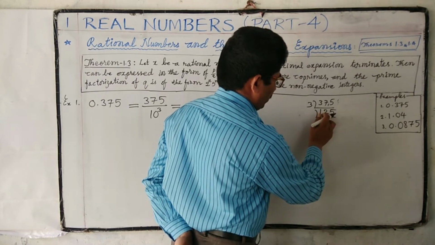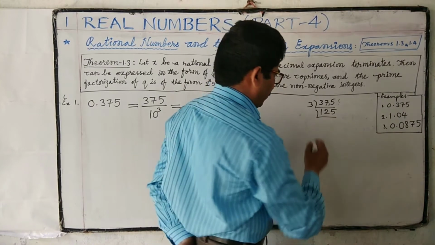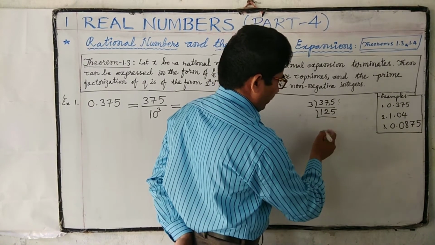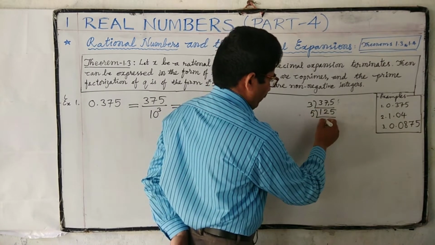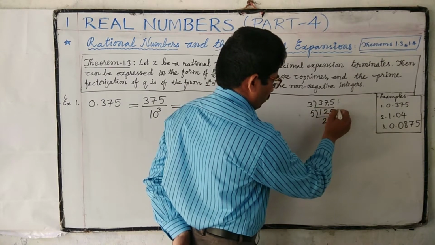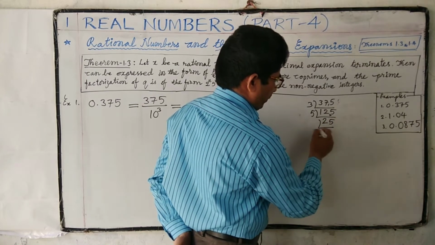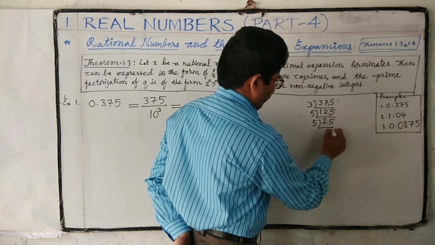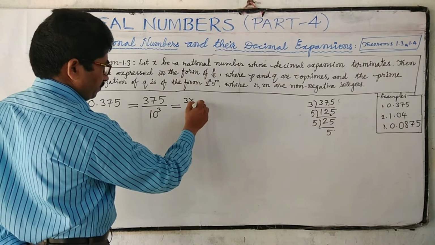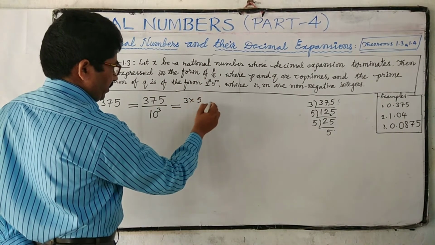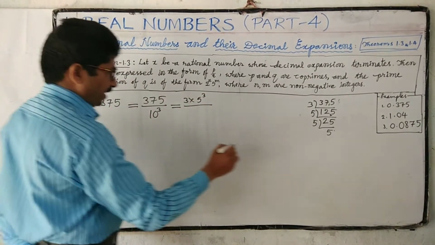It is divisible by 3 because 3 plus 7 is 10, 10 plus 5 is 15, and 15 is exactly divisible by 3. Now 125: 1 plus 2 plus 5 is 8, not divisible by 3. Next try 5. The last digit is 5, so it is exactly divisible by 5. 5 twos are 10, 5 fives are 25. Again 5 fives are 25. So 375 is 3 into 5 cube.